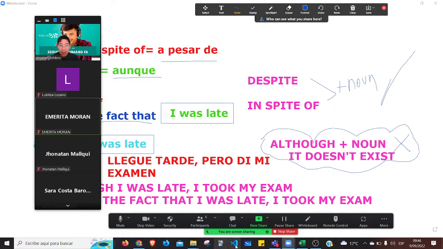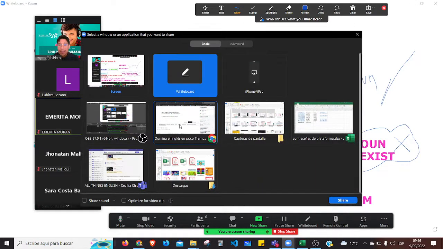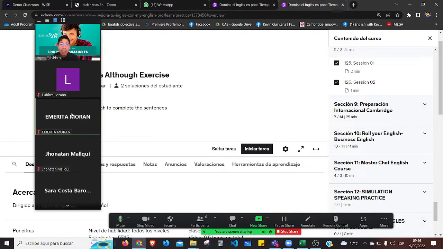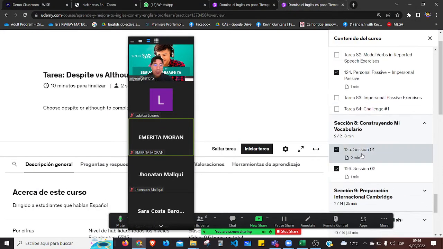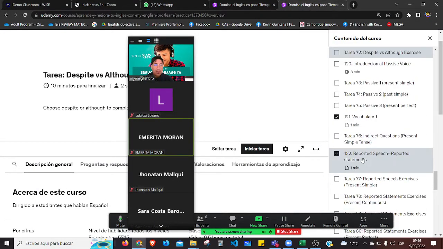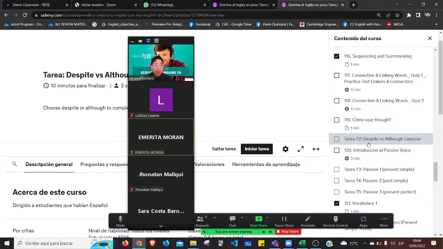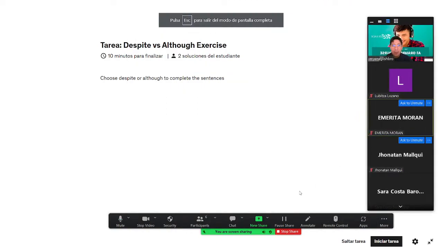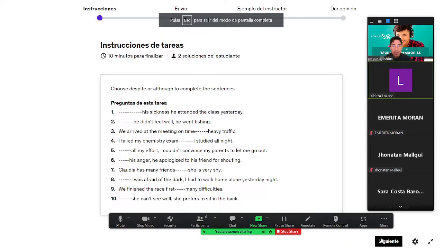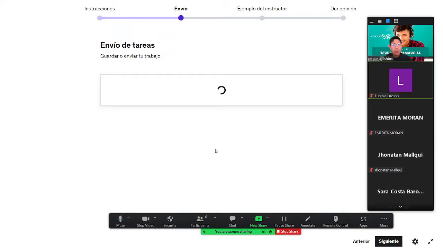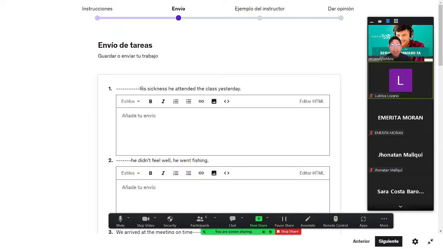A ver, con práctica les dije que se vayan a la plataforma y se vayan a los ejercicios de nivel avanzado. Si no estoy equivocado, nos vamos donde dice despite versus although. Se ve mi pantalla, ¿cierto? Completemos juntos. Dice así: his sickness, he attended the class yesterday. ¿Qué significa his sickness?